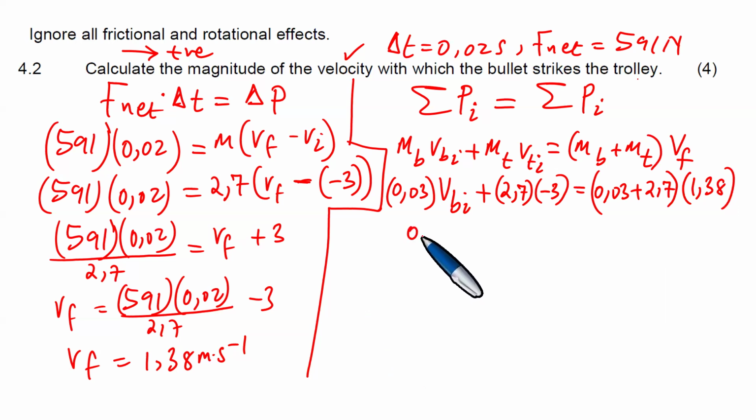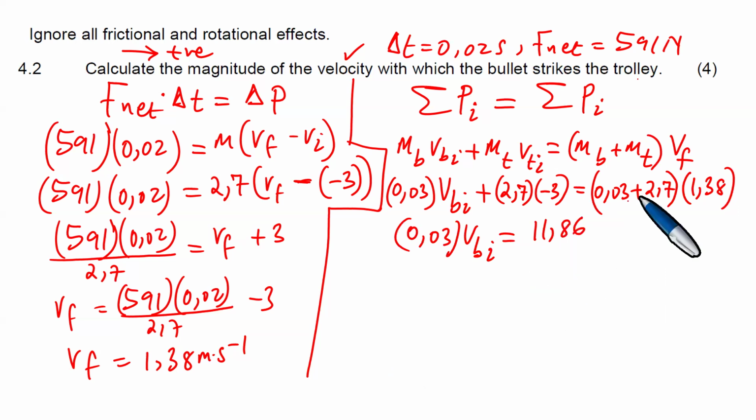So now we have 0.03 times VBI, which is 11.86. We multiply everything here, it is 11.86.